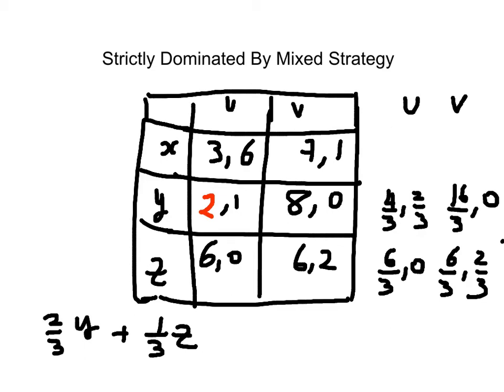Okay, everybody can see what I just did here. I just took the payoffs here and multiplied them by 2/3 to get to these payoffs here on the right hand side, and the same thing for strategy Z.